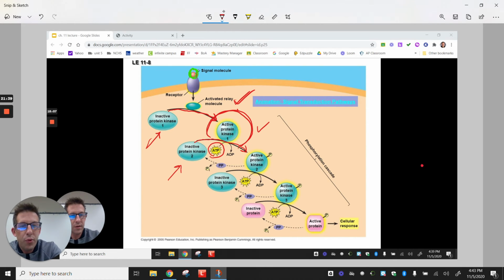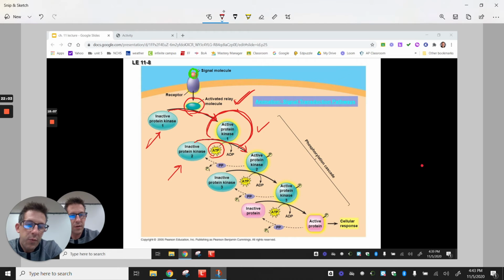The reason that protein kinase 1 did not become phosphorylated was because this relay molecule was already activated, okay? And these molecules, these protein kinases, these sequential ones, need to have phosphates to activate them, okay?